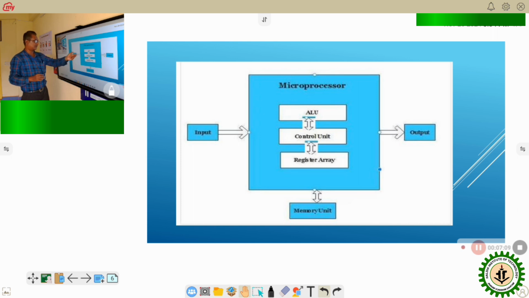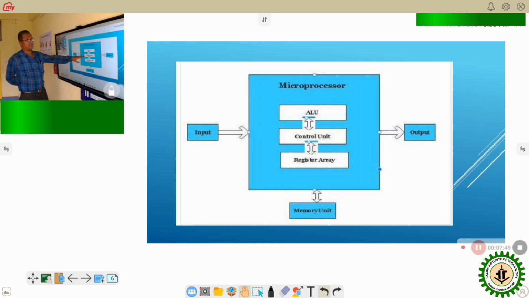Now, as I told, this portion is the arithmetic logic unit, this is the control unit, and this is the register array. Now, what is the function of the control unit? The microprocessor can communicate either with its peripheral or with its memory, and it can communicate with only one at a particular instant.